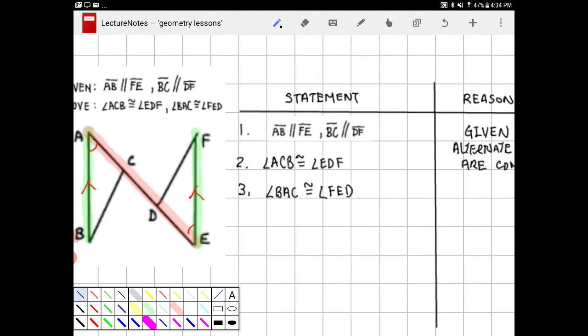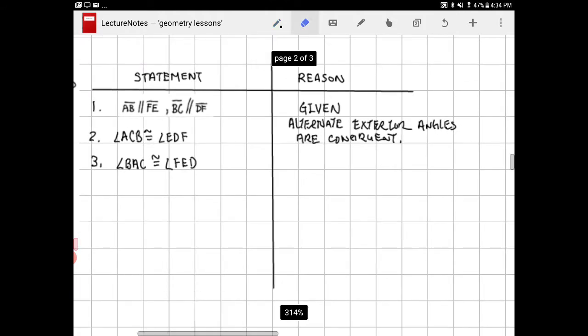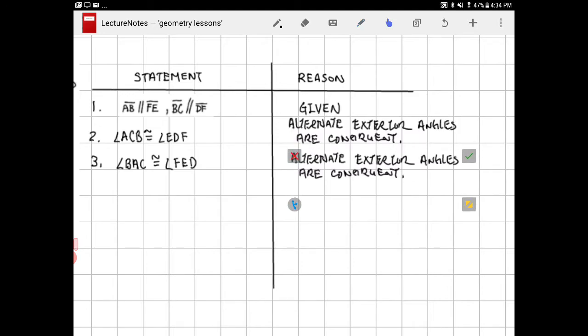Well, looking at this, those two angles that we're claiming to be congruent, they're on the inside of the parallel lines. And are they on the same side of the transversal? No, they're on alternate sides. So these angles are congruent, again, because of alternate, and this time it's not exterior, it's alternate interior.